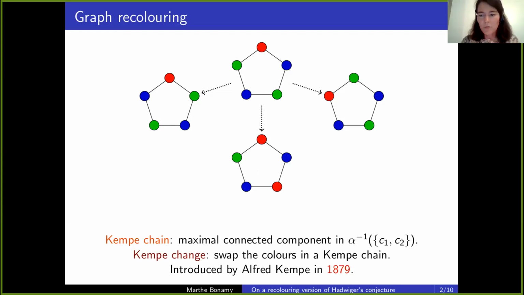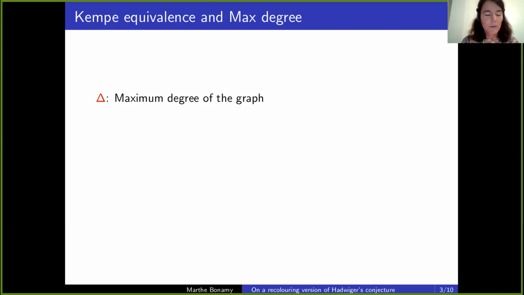Is this something which is true in general? Whenever you do coloring, usually one of the first few theorems you see is related to the maximum degree of a graph. It's something you usually denote by delta. It's just the maximum number of neighbors a vertex can have.